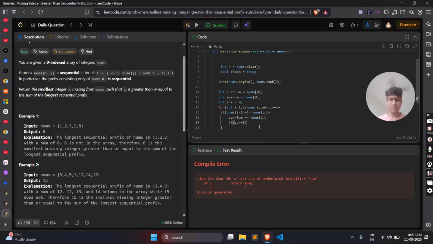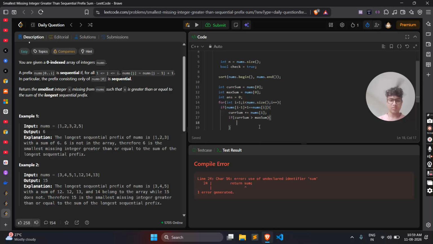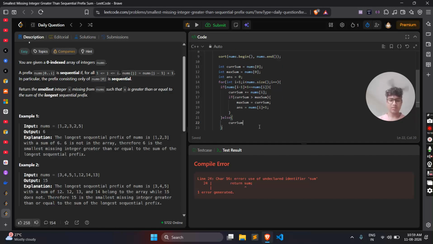If current sum is greater than maximum, the maximum is equal to current sum, and my answer is equal to nums[i] plus 1. Else my current sum is equal to 0.